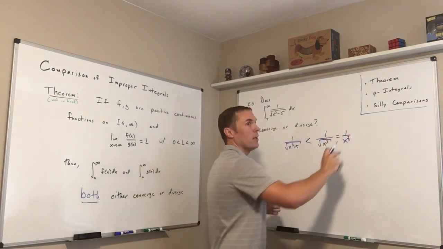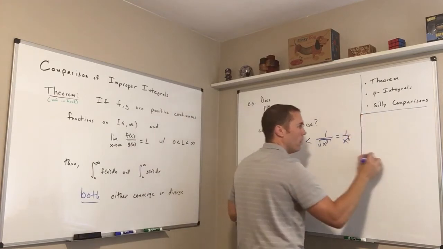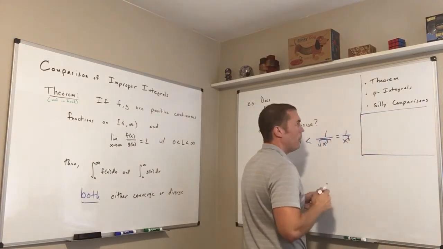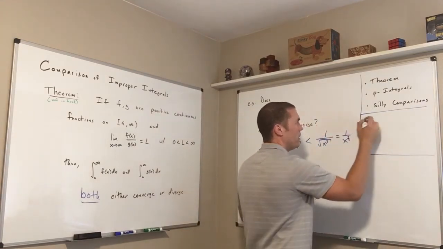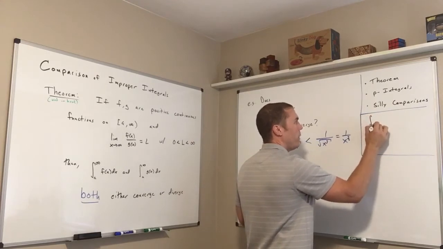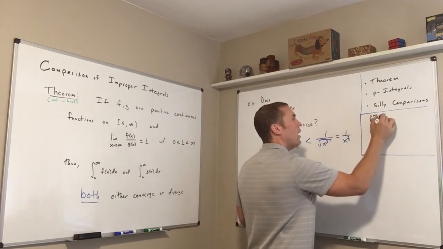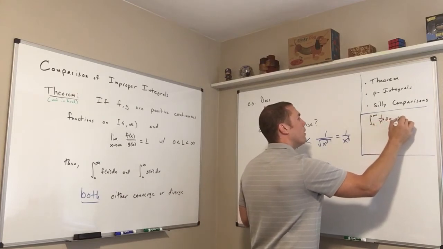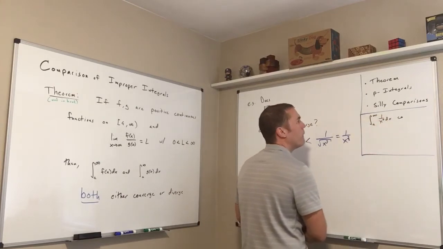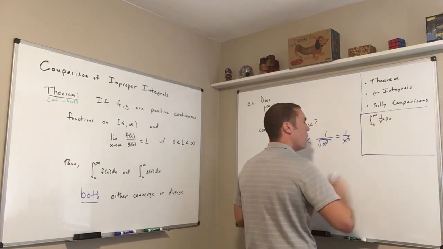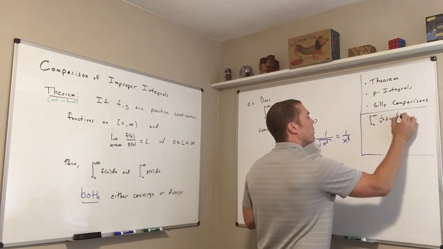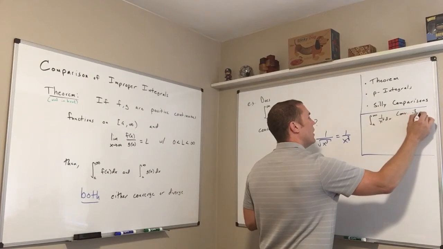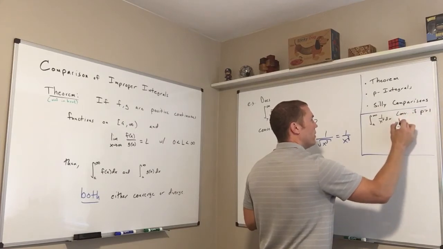And I'll also mention here, I want to discuss the p integrals, which says the following. The integral from a to infinity of 1 over x to the p dx converges if p is bigger than 1.